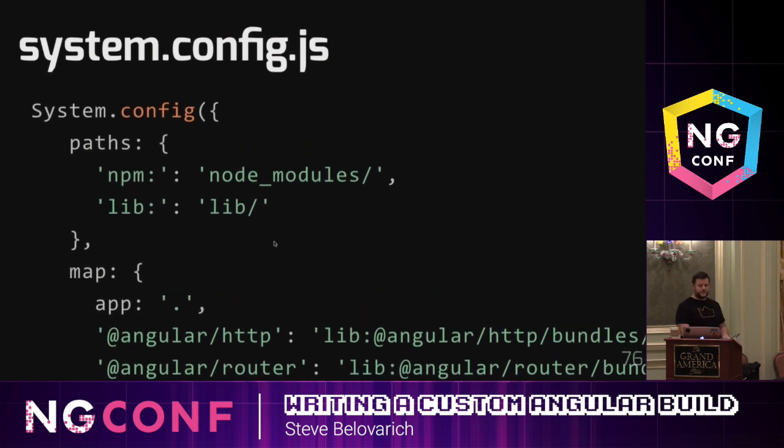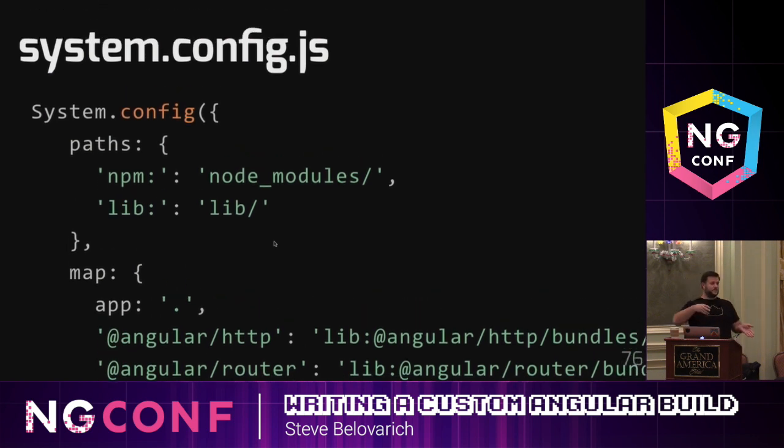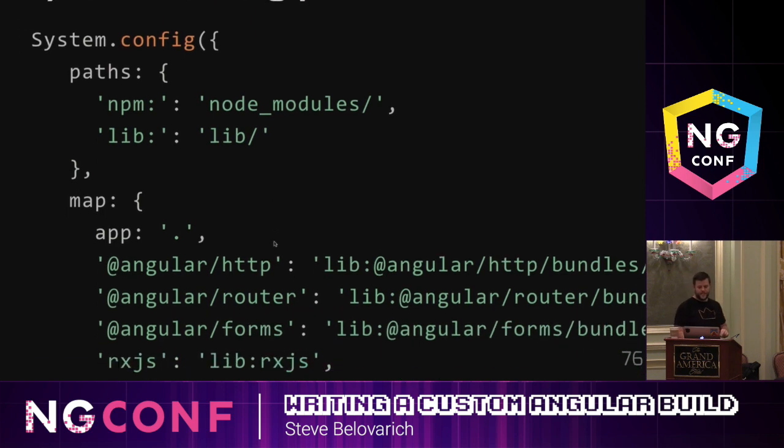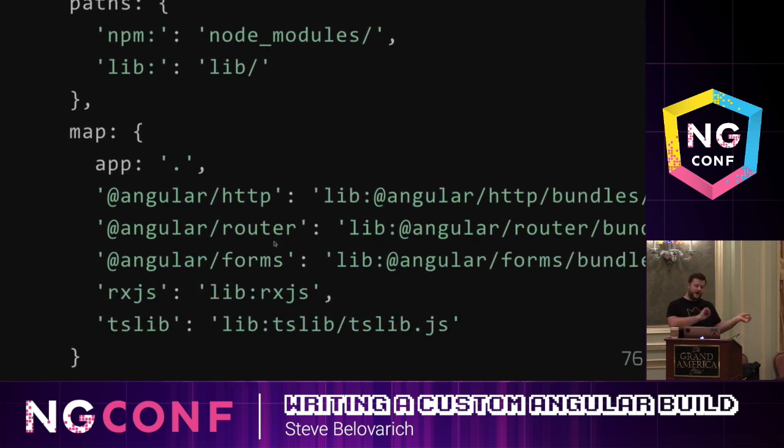The system config looks something like this. Again, this is in the src public folder. You can take a look at it in your Angular project. We established a paths object that allows us to create these aliases for node modules and for lib. All the files that we copied from our node modules, we copy them into the library folder or lib folder.